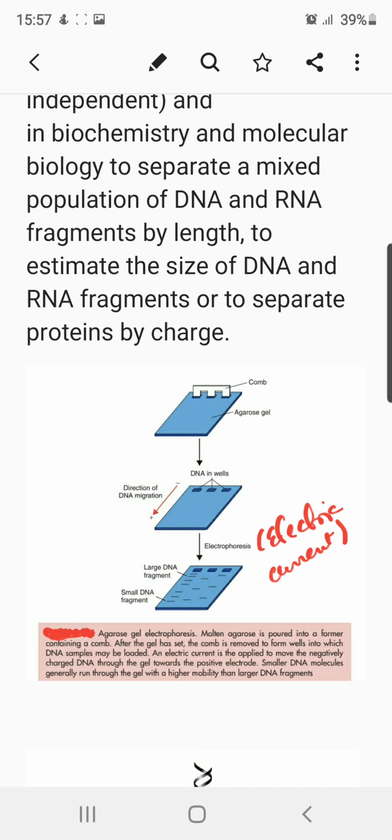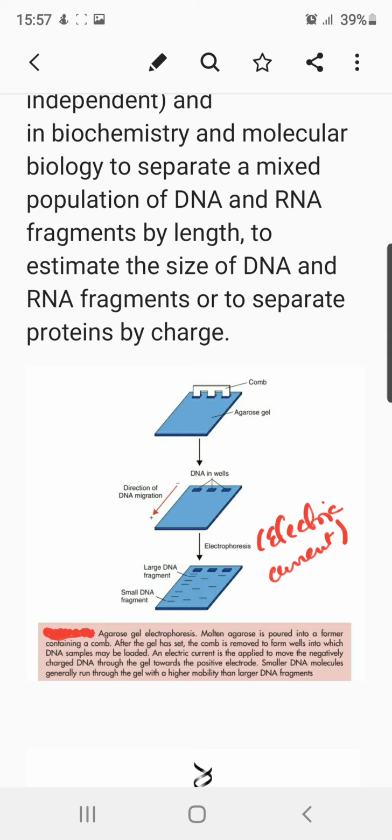This plate is connected to the electric circuit with anode and cathode. Here the positive and negative electrodes or potentials have been marked.